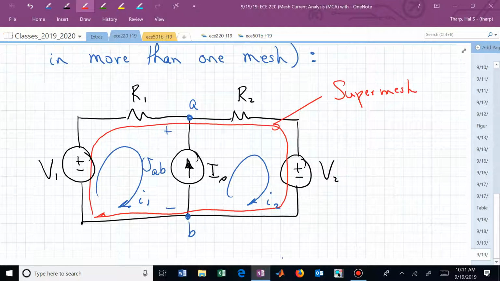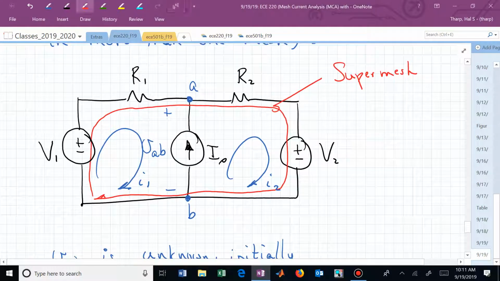In this case, now that I just look at that supermesh path, do you see the KVL equation? Minus V1 plus R1I1. I use the same mesh currents plus R2I2 plus V sub 2.